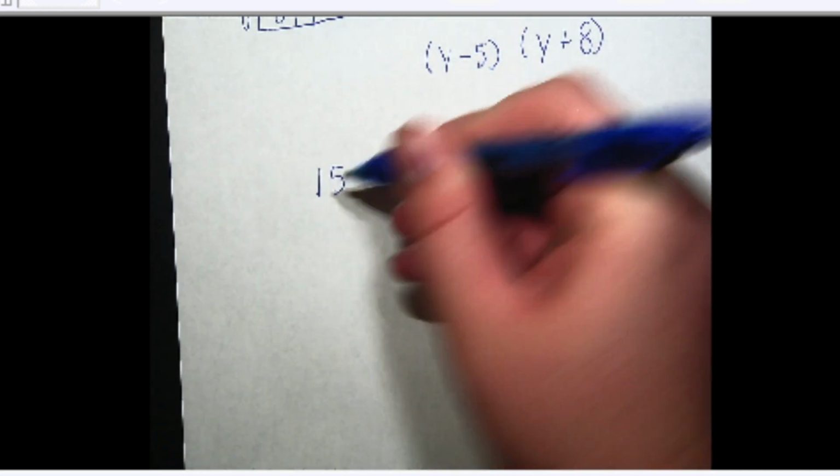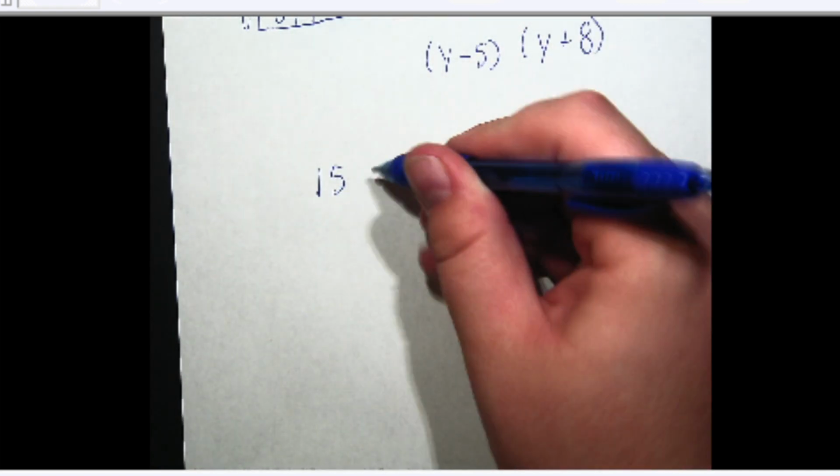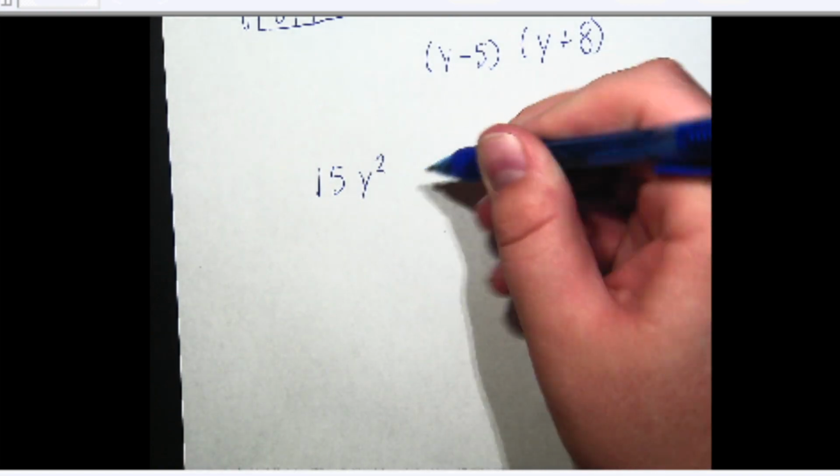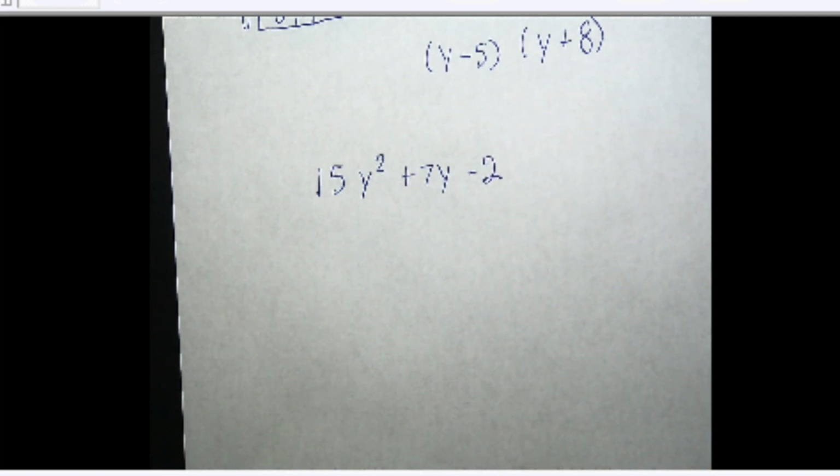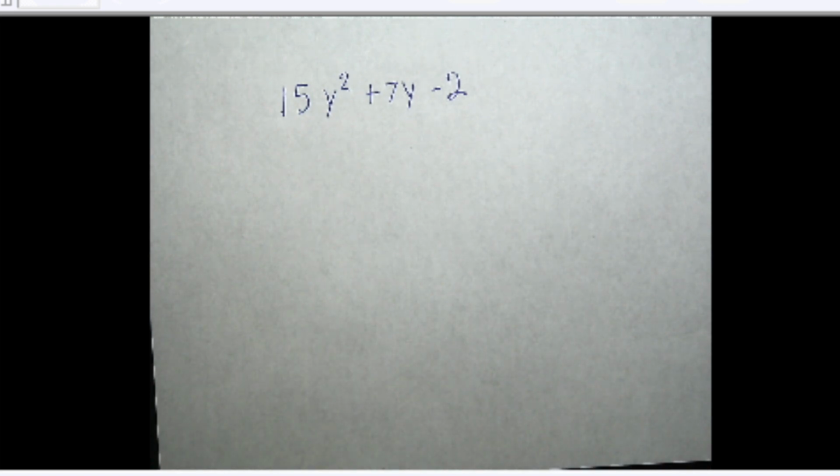So let's do one where that is not the case. 15y squared plus 7y minus 2. All right. So, again, leading coefficient, or our A term here, is not positive 1. It's 15.